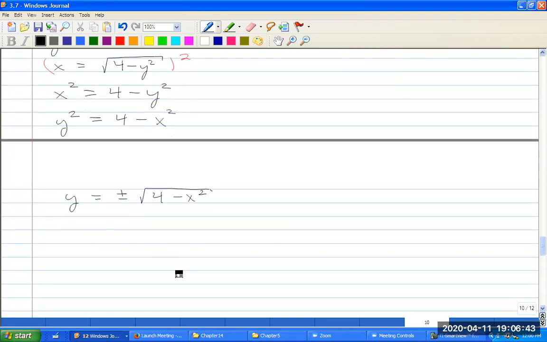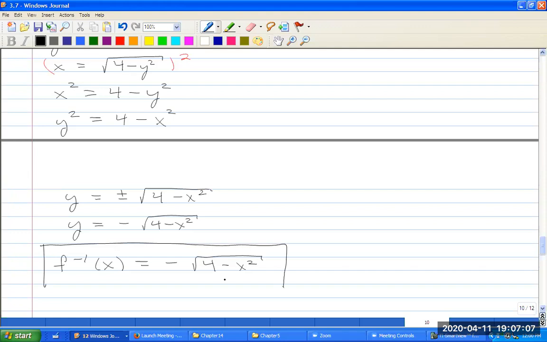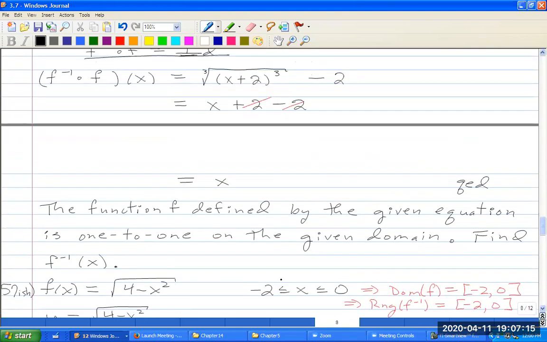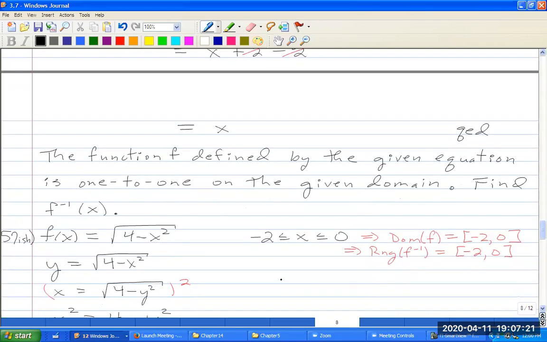And so y must equal minus rad 4 minus x squared. So f inverse has to equal minus rad 4 minus x squared. And that's your answer. So I found f inverse.